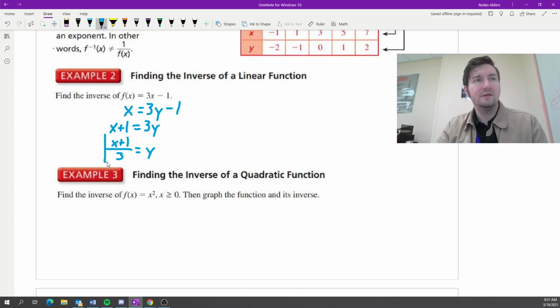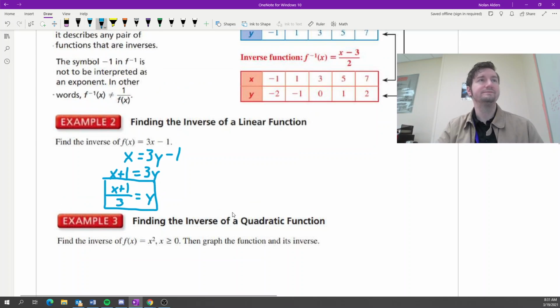And this right here is the inverse of this function. So this is the inverse function. Pretty straightforward. You're just replacing essentially the x and the y and then solving for y to figure out your new function. So our original function was 3x minus 1. Our inverse is x plus 1 over 3.